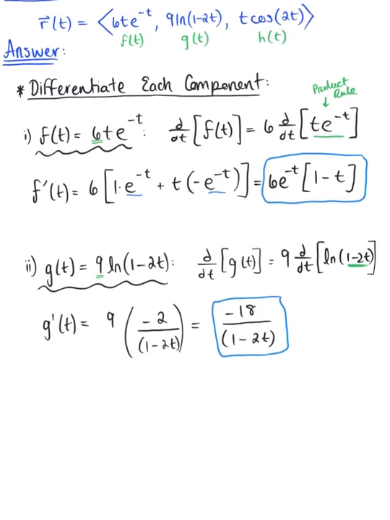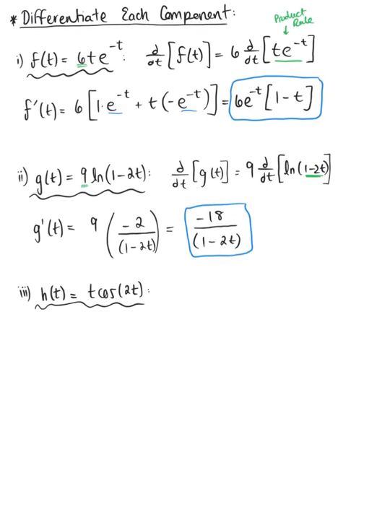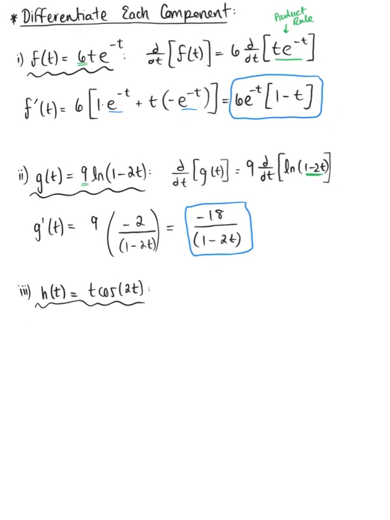We want to differentiate, and let's actually write this down before we give ourselves more room. We have h of t is defined here as t multiplied by cosine of 2t. So now giving ourselves plenty of room. Just as we did with the first two components, we are differentiating both sides of this with respect to our parameter t.